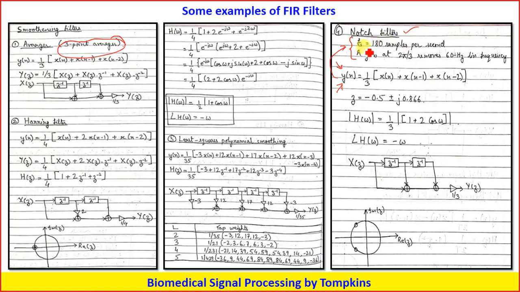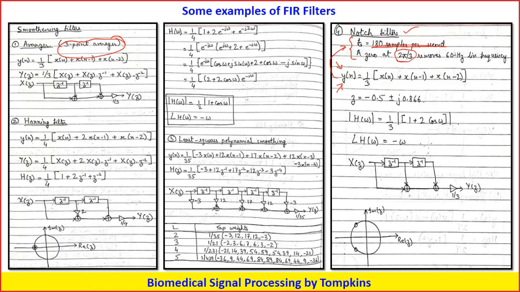Okay. So when you have a system whose sampling frequency is given, where in this case it is Fs equal to 180 samples per second, right? So when you have this, you have a 0 at 2 pi by 3.